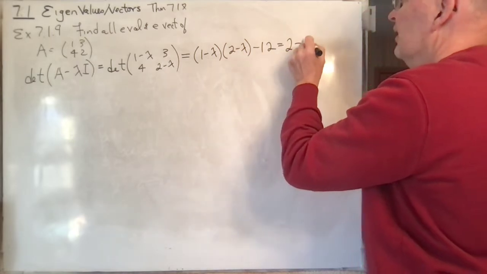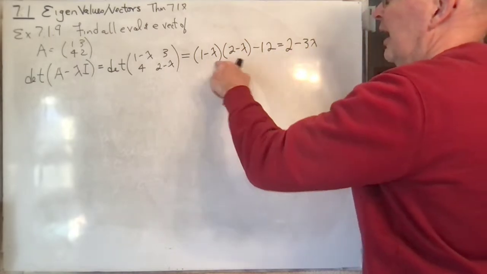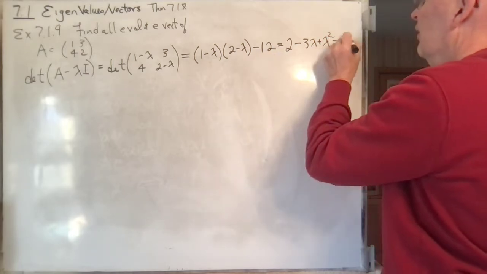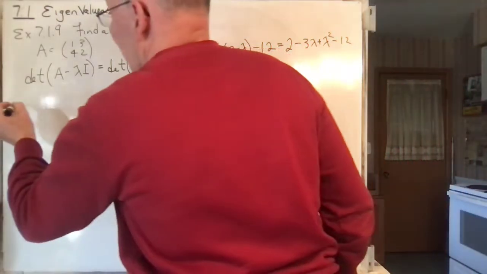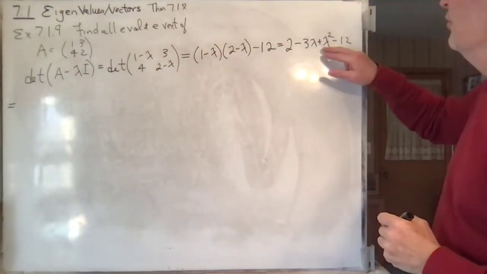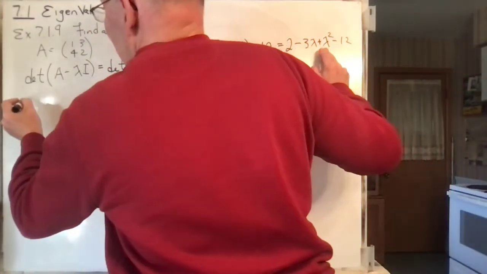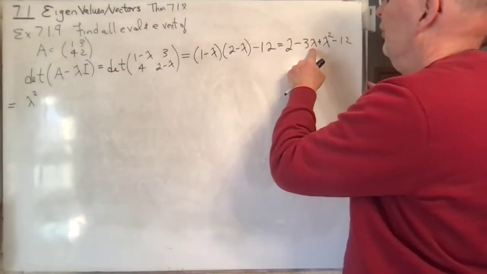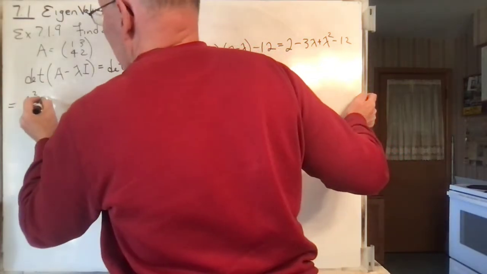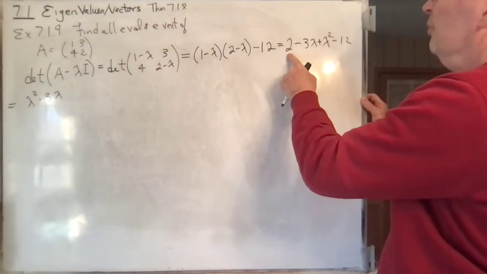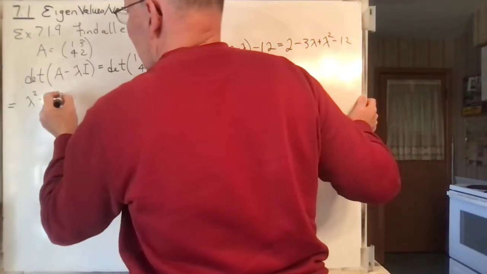It's going to be minus 3 lambda, and plus lambda squared, and minus 12. And now I'm going to go way over to this side because I'm going to need all the space I can get. And so this is going to be lambda squared minus 3 lambda. And then notice here I have negative 12 plus 2 is going to be negative 10.